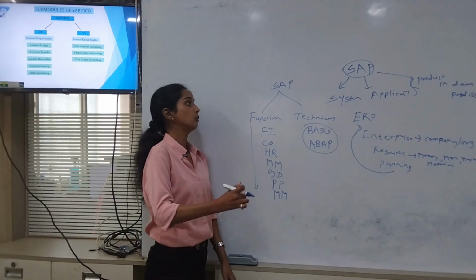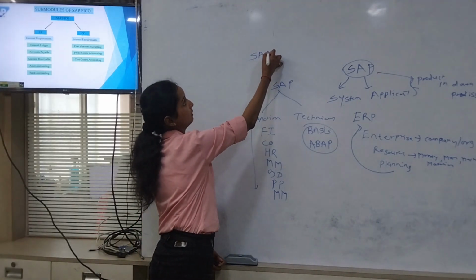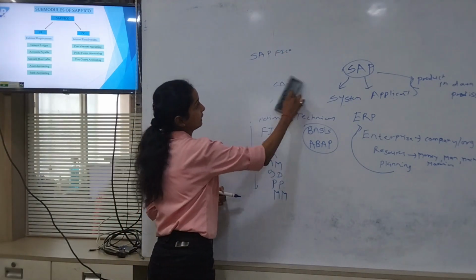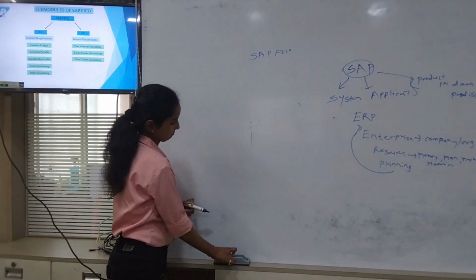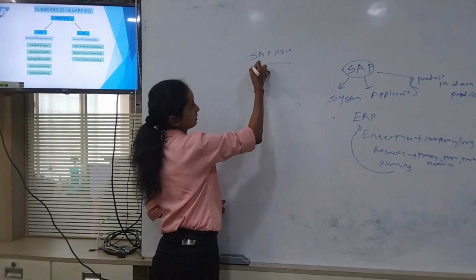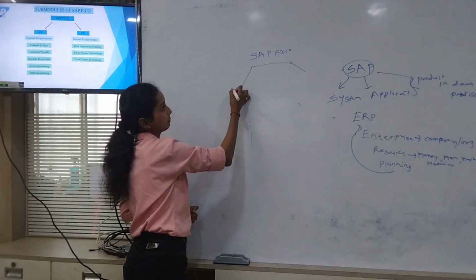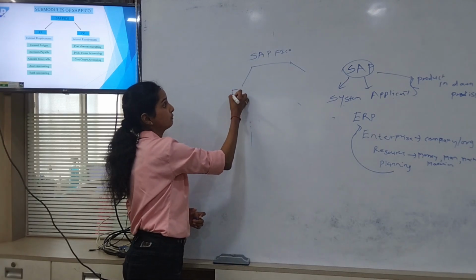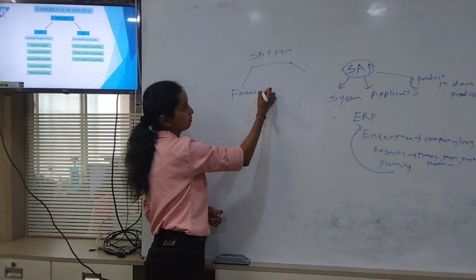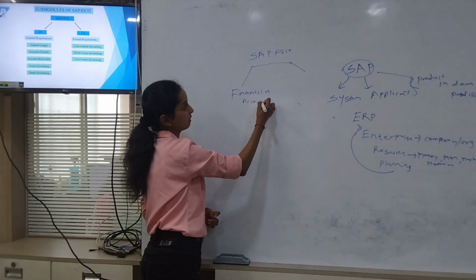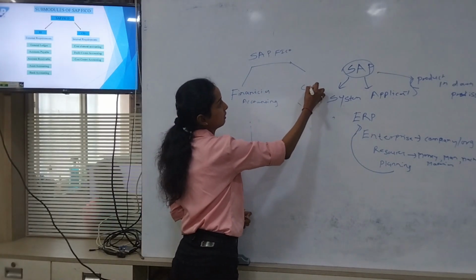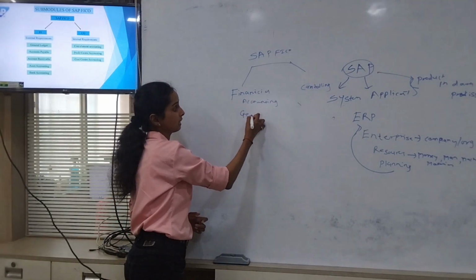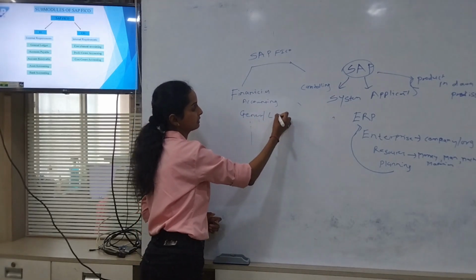Then when we talk about SAP FICO, there are sub modules of SAP FICO. SAP FICO के भी sub modules है. SAP FICO is basically the integration of financial accounting and controlling. In financial accounting, we have general ledger accounting, that is GL accounts.